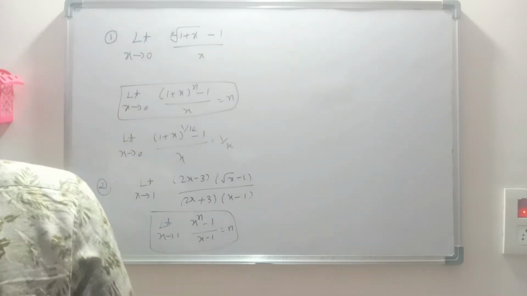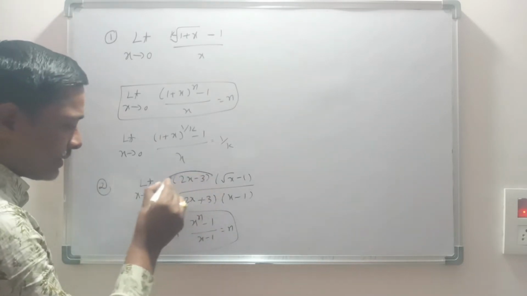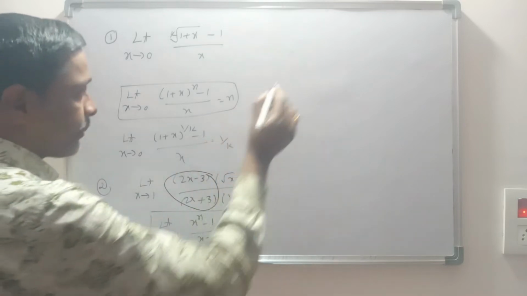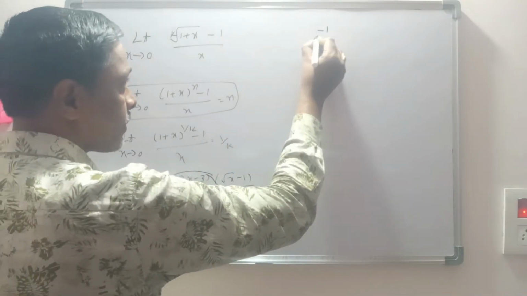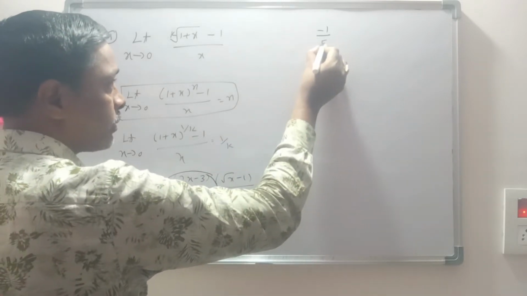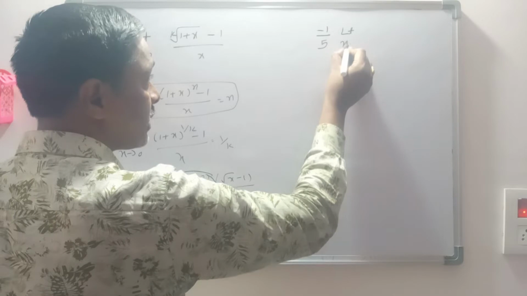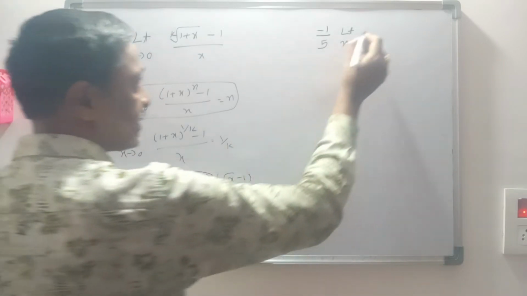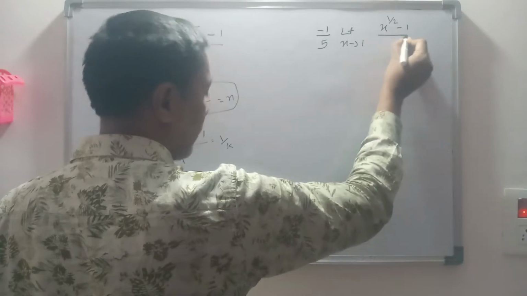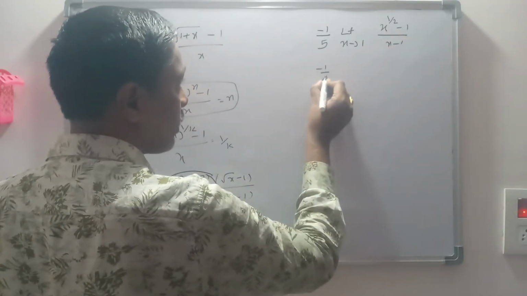First we can apply, put x is equal to 1 in this part. Put x is equal to 1: 2 minus 3 minus 1 by 2 plus 3, that is 5, into limit x tends to 1, root x can be written as x power 1 by 2 minus 1 by x minus 1, minus 1 by 5.